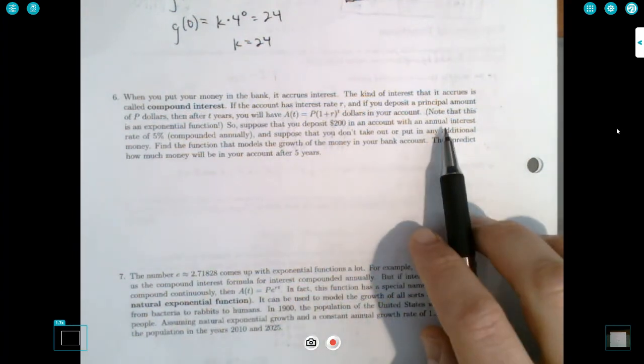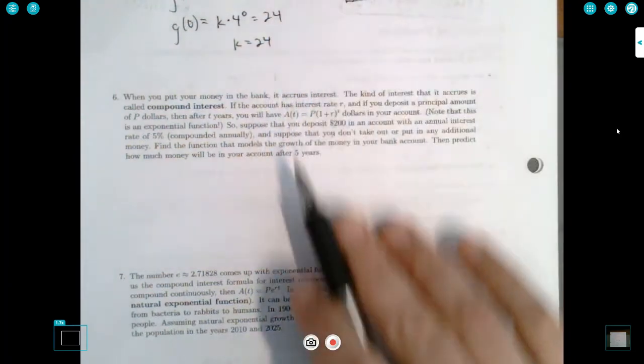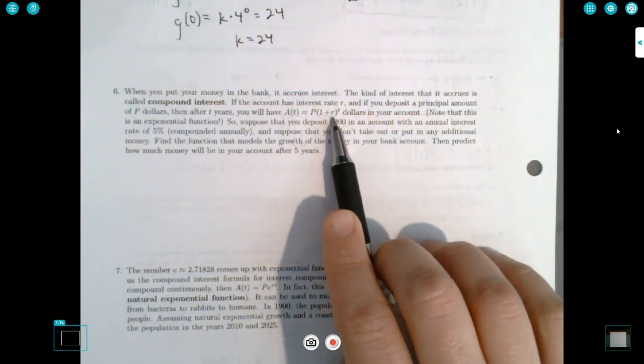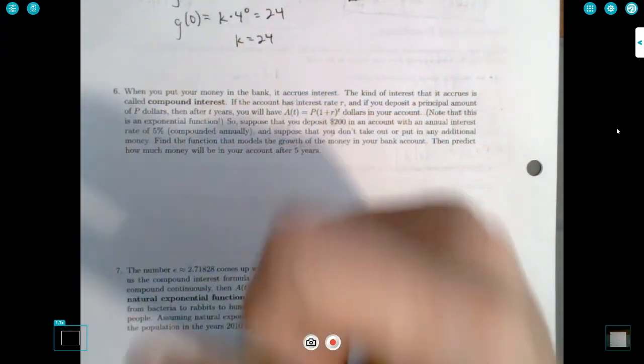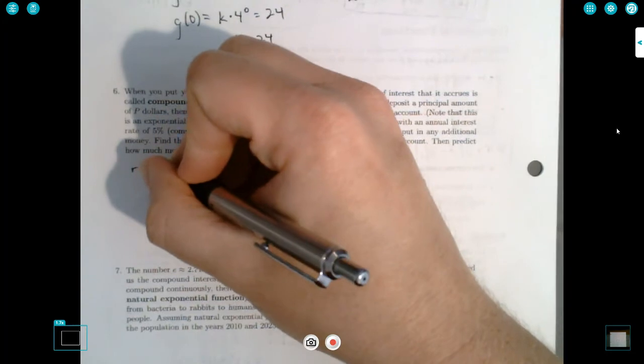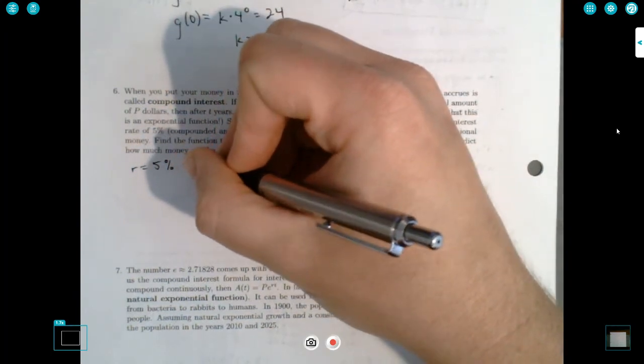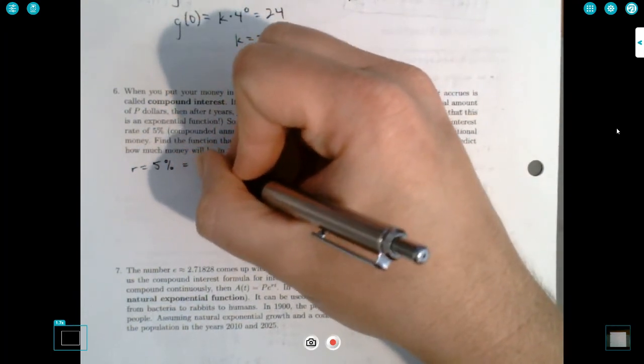Well, first of all, we don't have to do this whole chart thing like we did up here because we're told what the rate is. We're told that the rate is 5%. So R equals 5%. Change that into a decimal before you use it in the formula. So as a decimal, this is 0.05.